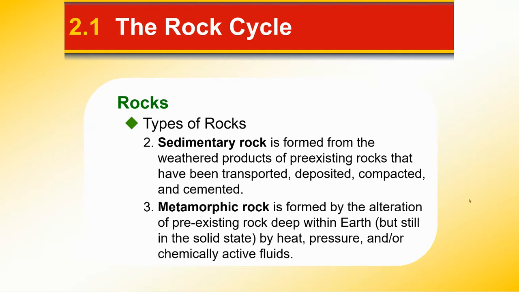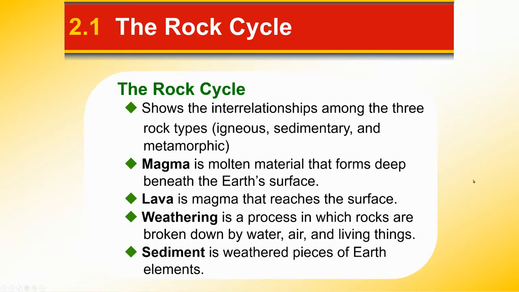Then metamorphic rocks, formed by the alteration of pre-existing rock deep within Earth, but still in the solid state, by heat, pressure, and or chemically active fluids. The rock cycle shows the interrelationships among three rock types: igneous, sedimentary, and metamorphic.